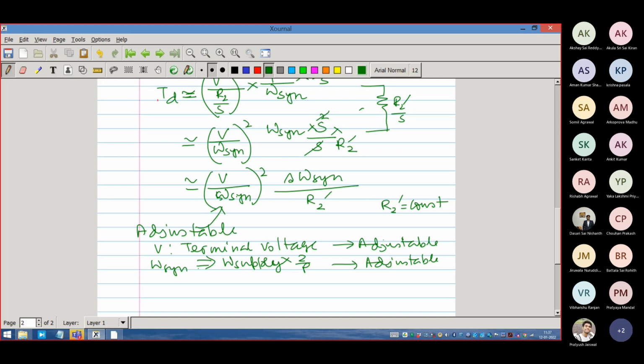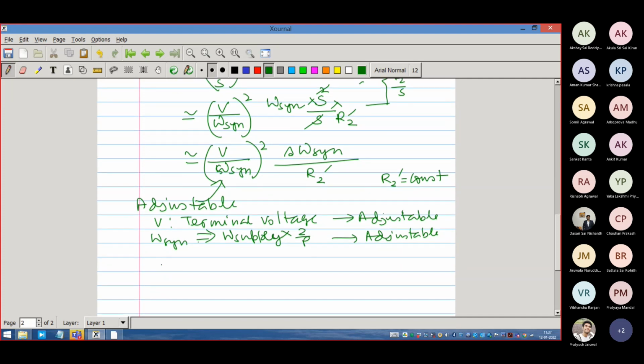So I have not degraded the torque producing ability of the machine. Okay, resistance is a constant, right? Now, as long as I maintain V by omega sin constant, then I am getting the same amount of torque, right? There is no doubt about it. Are you getting what I am saying?